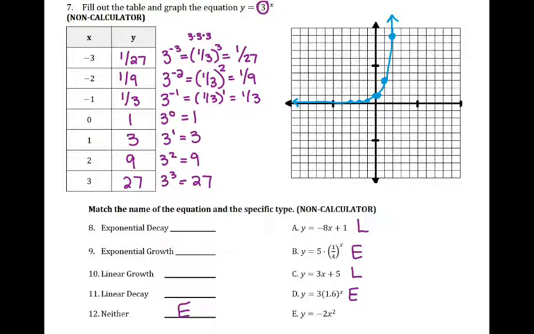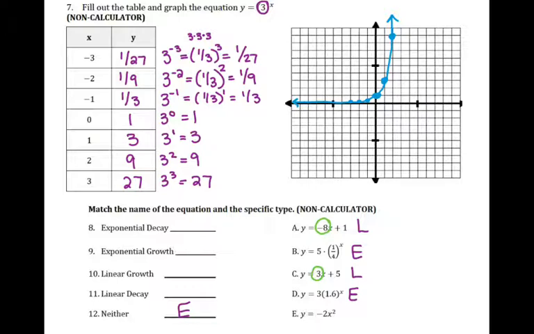Okay. Now, for the rest of them, we need to determine if it is exponential decay, exponential growth, linear decay, or linear growth. So let's talk about the linears. If I'm trying to determine if it's linear decay or linear growth, what I'm looking at is the slope.